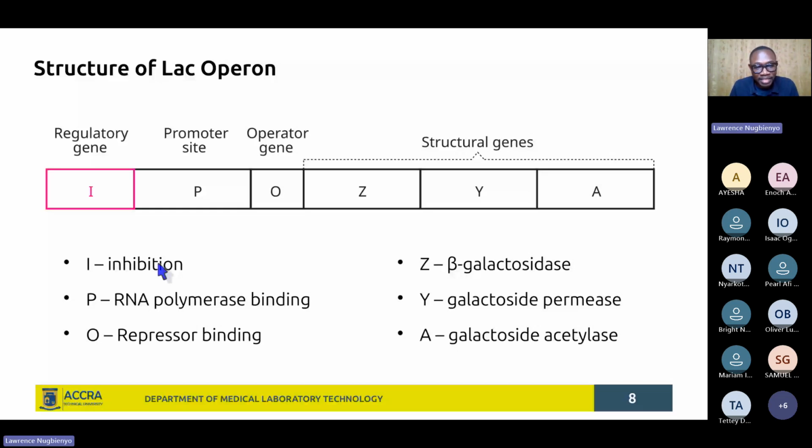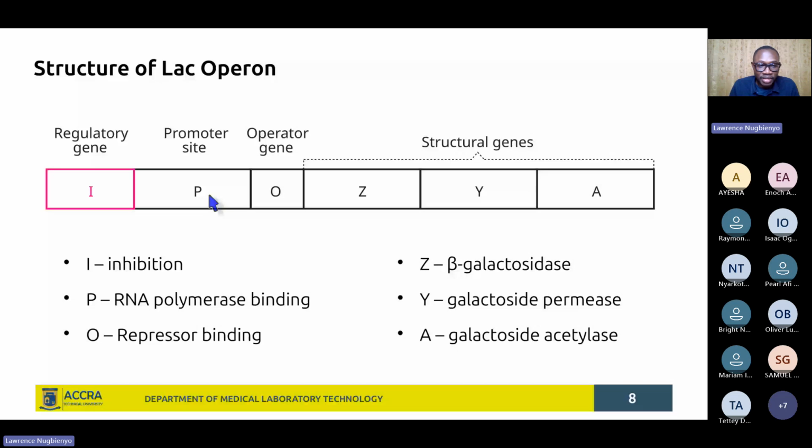Then you have the promoter site. And it is that promoter site, P, that RNA polymerase will bind to for the process of transcription. Because mind you, this is DNA, a DNA strand we are talking about.